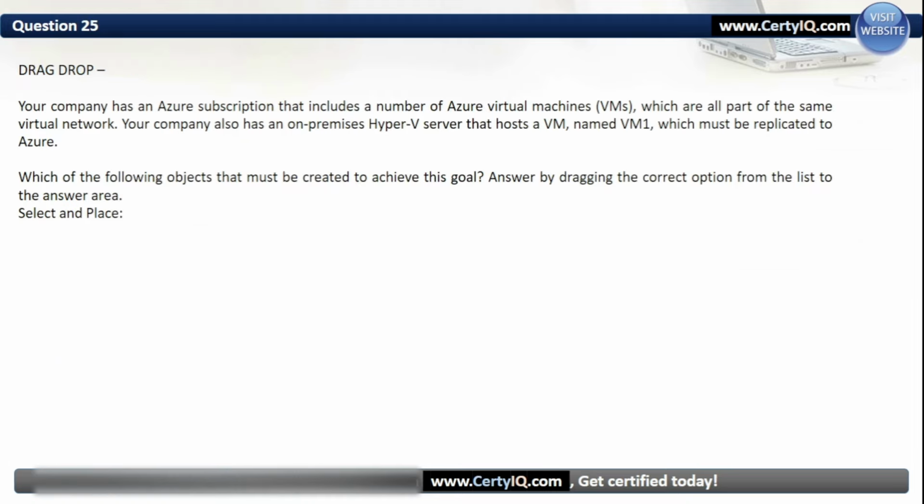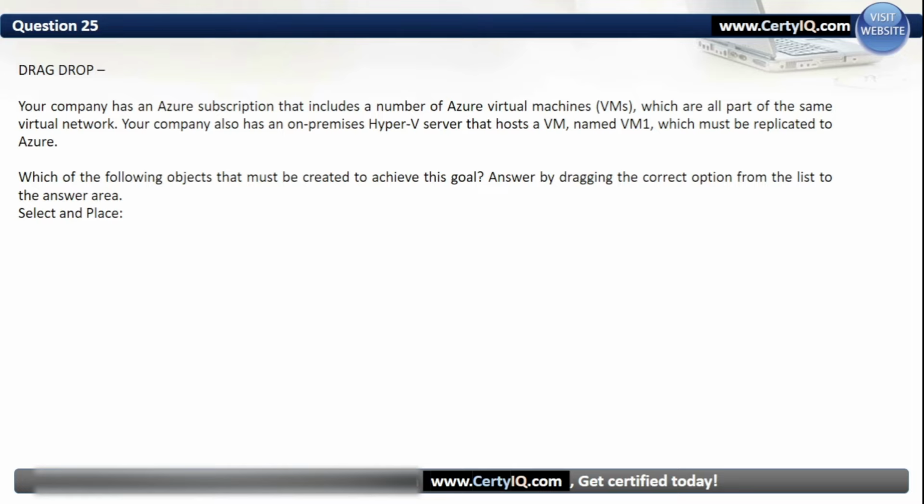Question 25. Drag drop. Your company has an Azure subscription that includes a number of Azure virtual machines which are all part of the same virtual network. Your company also has an on-premises Hyper-V server that hosts a virtual machine named VM1, which must be replicated to Azure. Which of the following objects must be created to achieve this goal? Answer by dragging the correct option from the list to the answer area.